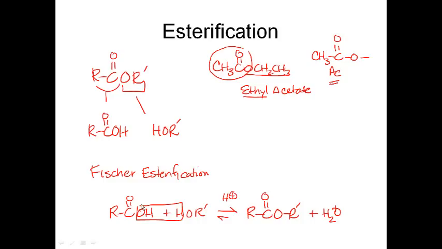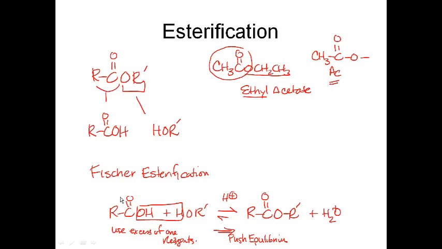So Fischer esterification is fairly straightforward. You do need an acid catalyst for this reaction, but the big disadvantage of Fischer esterification is that it's an equilibrium reaction. And so in order to push the equilibrium to the right and form our ester product, we need to use an excess of one of these 2 reagents.